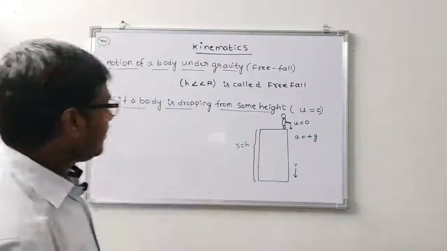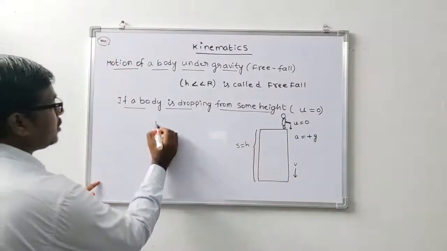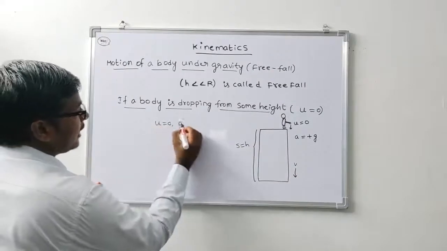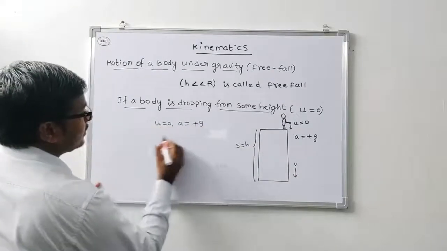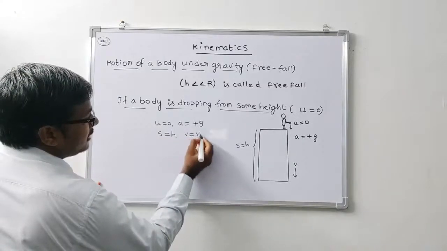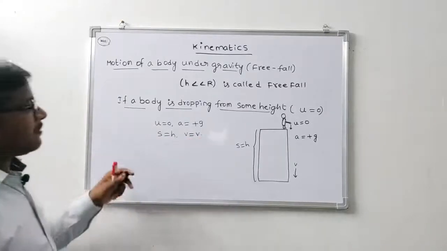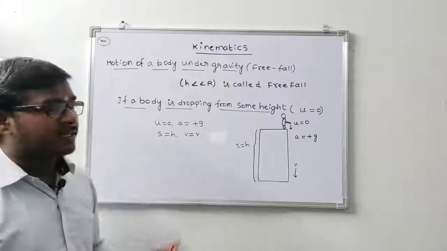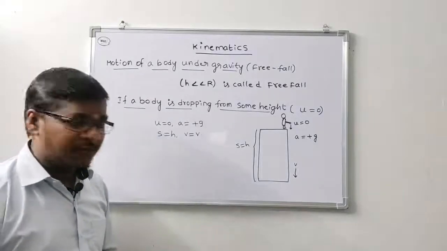These are the parameters: u is equal to 0, a is equal to plus g, s is equal to h, v is equal to v. These parameters are substituted in the kinematic equations.